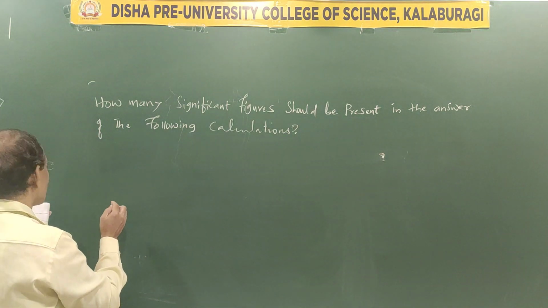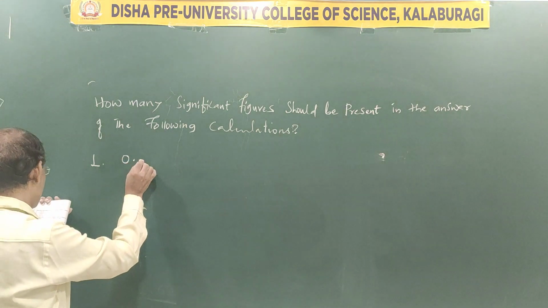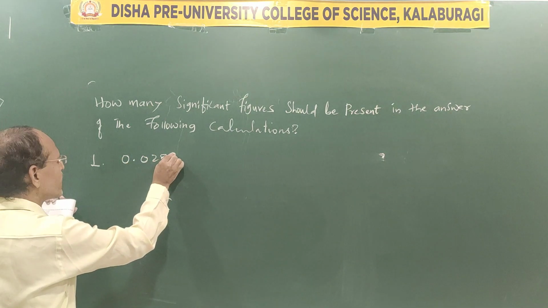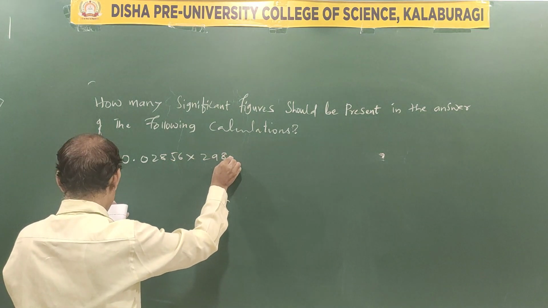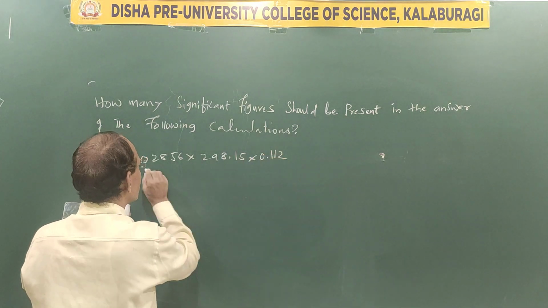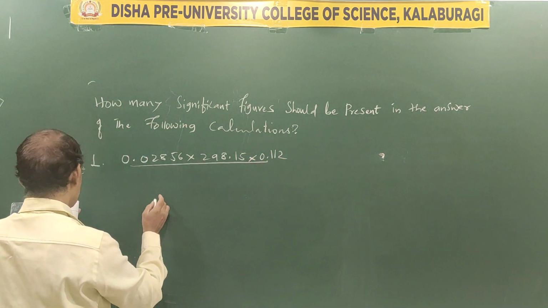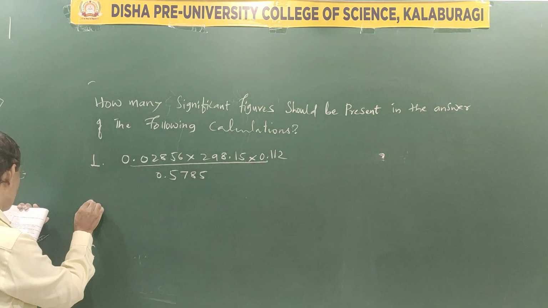Next, for the first one, I'll take out all the values first. 0.02856 into 298.15 into 0.112 divided by 0.5785. That is one.